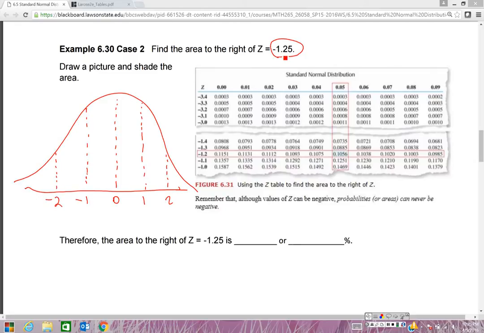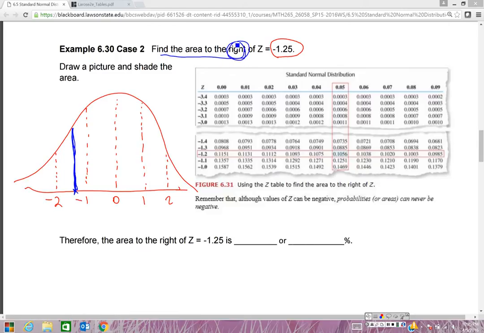Now, where is negative 1.25? It has to be between negative 1 and negative 2. So I'm just going to mark a spot here. Let's just say it's right here. Now, what part should we shade? This example says find the area to the right.